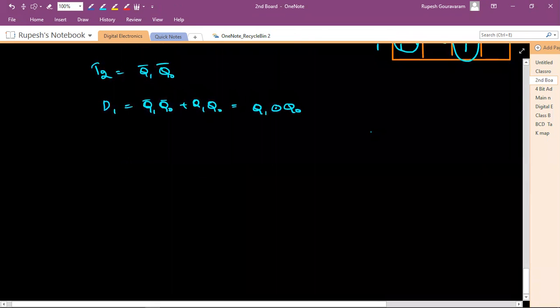If I want to design the circuit for the given question, let us see where the question is.